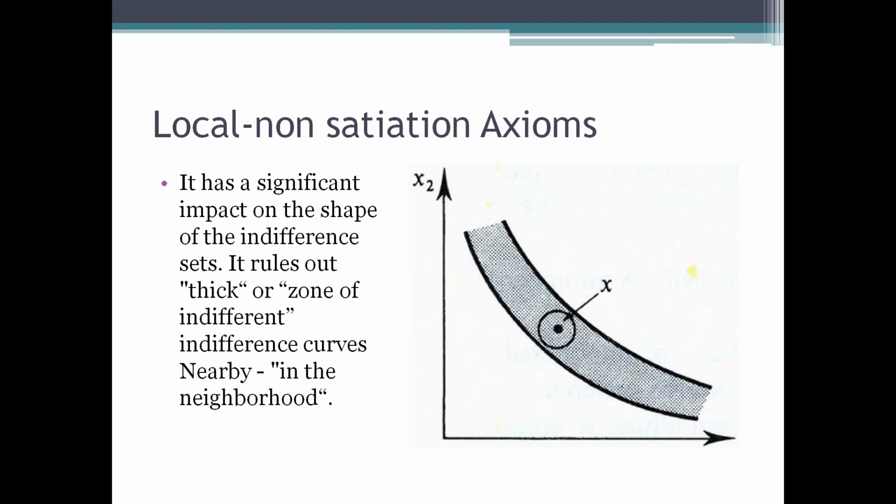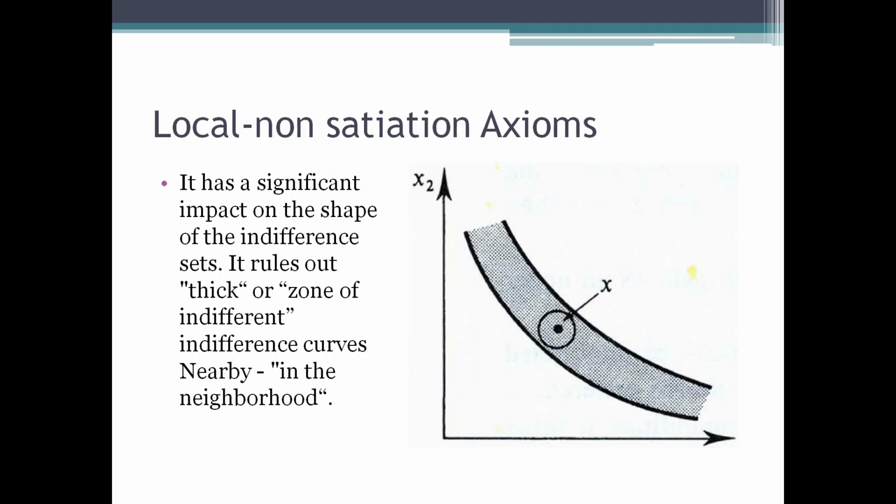I cannot have such an indifference curve having two curves and in the middle an indifferent area. This is not consistent. It does not have any reasoning. Having a thick indifference curve means that both curves together constitute one indifference curve. This is not realistic by any means.